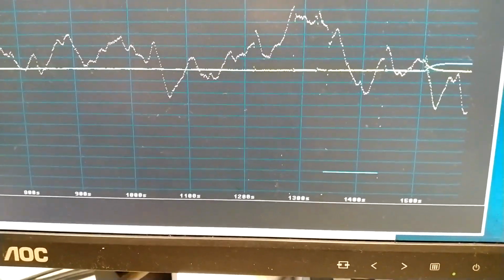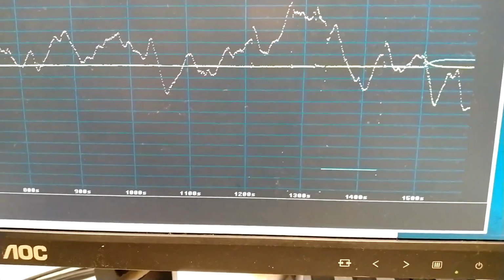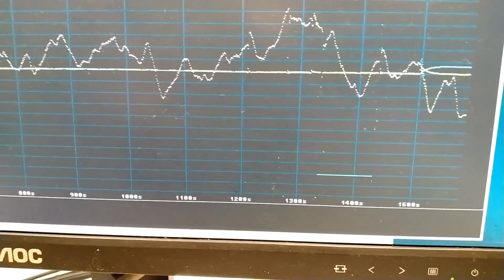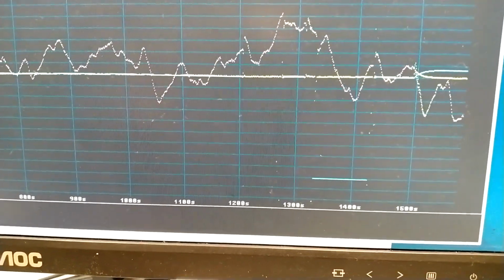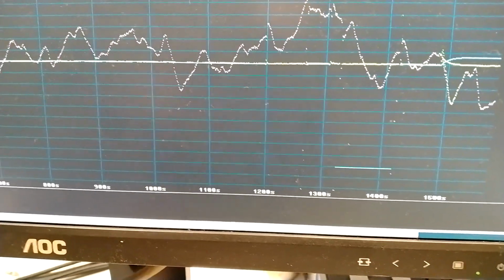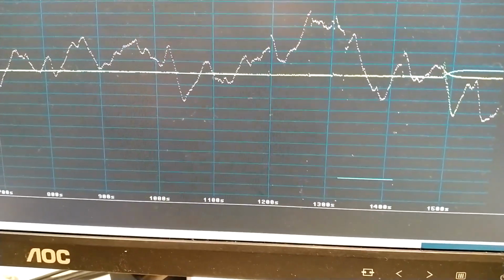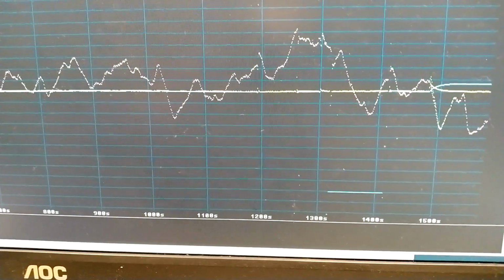For some reason, the apparent frequency difference between the two channels has changed. Now frequency and phase is closely related, so actually this is just a phase change through the device under test. But I can look now on the blue trace.